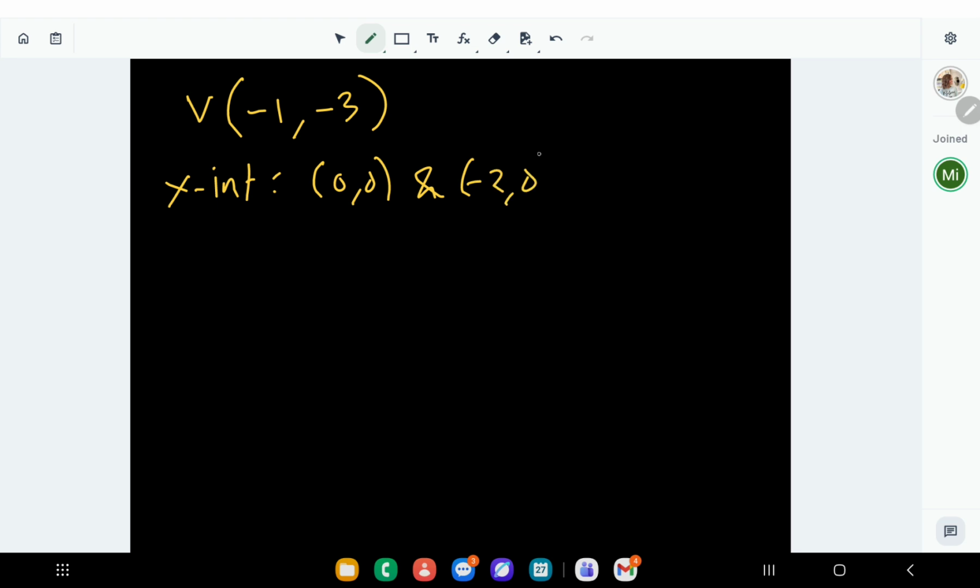So what's the vertex here from the graph? That is (-1, -3). Then the x-intercepts are (0, 0) and what's that? (-2, 0). Yeah, it says vertex form, so it should be y equals a times (x minus h) squared plus k.